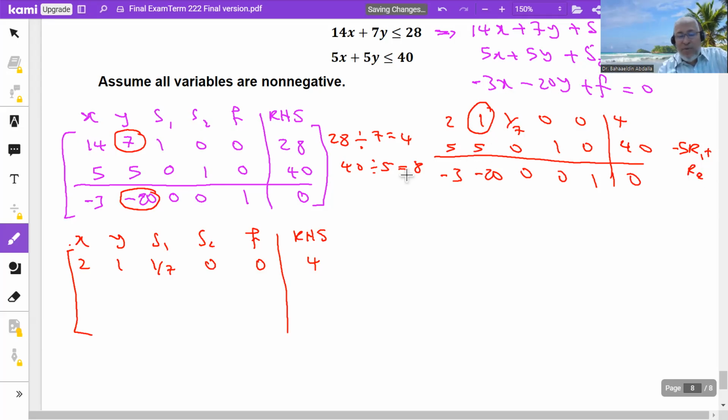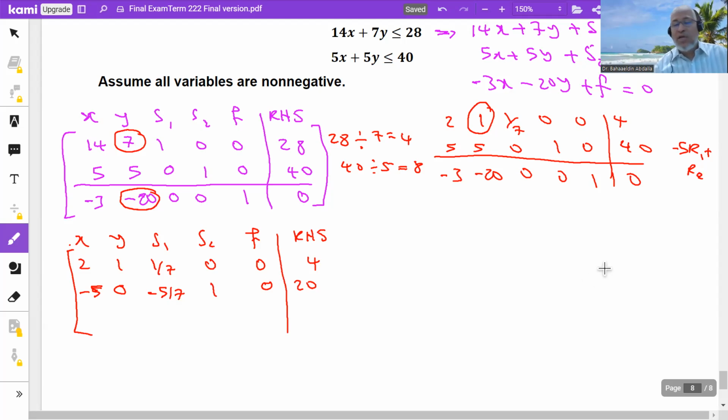So negative 5 plus 5, that's 0. Negative 5 times 2, negative 10 plus 5, that's negative 5. Negative 5 times 1 over 7 plus 0, that's negative 5 over 7. The zeros will not change. Negative 5 times 4, negative 20 plus 40, that's 20. So this is the new second row.